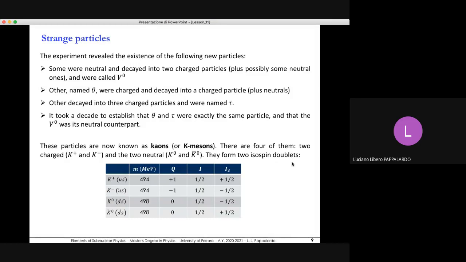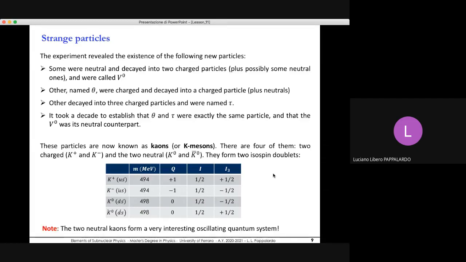And they form 2 isospin doublets. You see here the mass that we know today. It is indeed of the order of 500 MeV, the electric charge, the isospin, which is 1/2, and as you see, we have 2 possible projections for the third component. And so indeed, these constitute 2 isospin doublets.